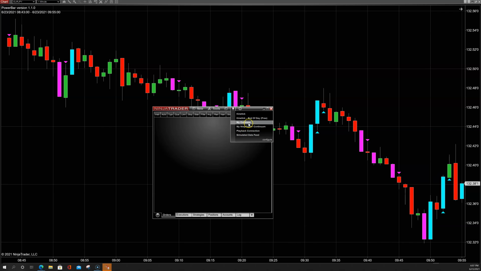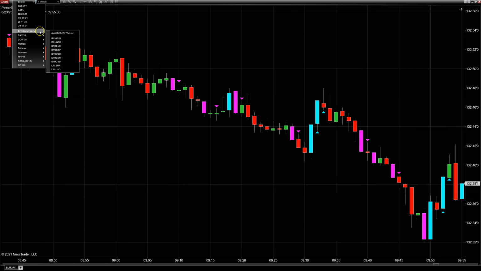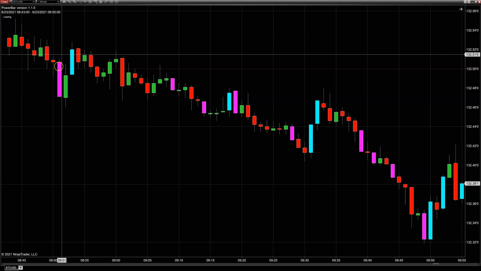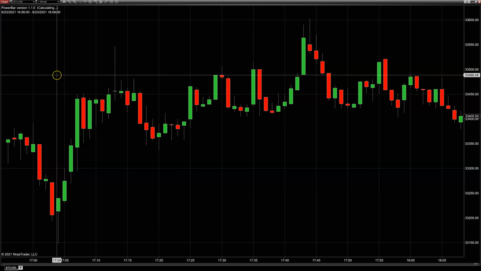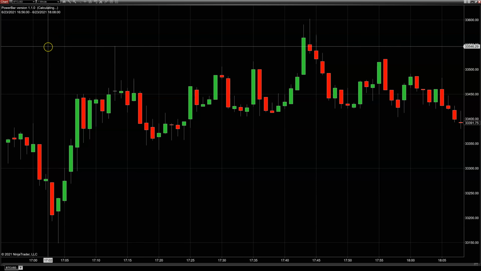Then you got to connect to it. So you click connect to Coinbase. Okay, then that's what these cryptos are here. So you got to choose one. Choose Bitcoin, BTC. Now it may take a while, well, this one came up pretty quick, but you can see it's calculating right now, the indicator.